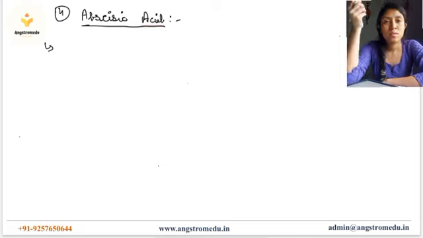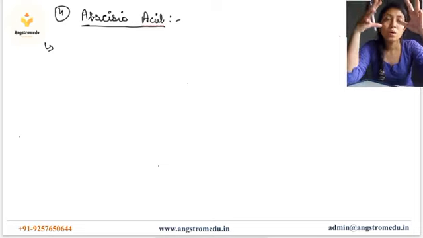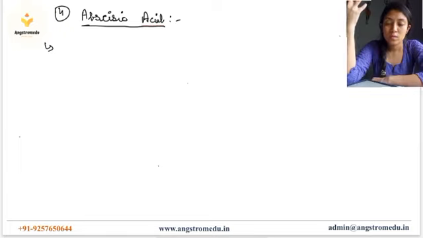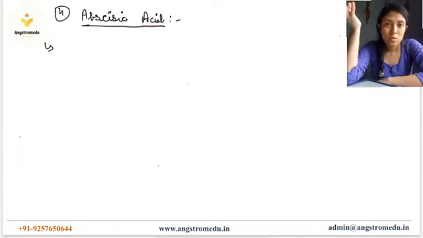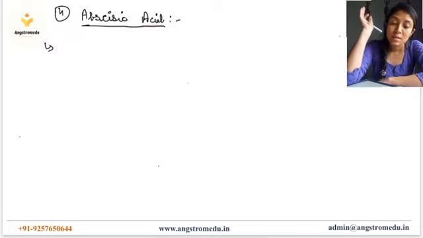What is abscission? Abscission is to hold, to restrict something, or to slow down certain processes. Which processes? The normal physiological activities whatsoever are being carried in your plants. These all are restricted by this abscisic acid.